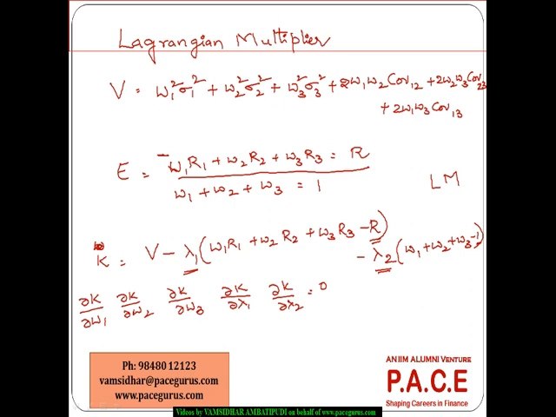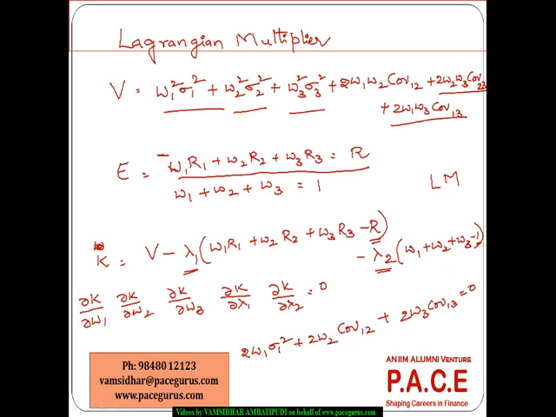So if I just see for W1, first I'll differentiate this with respect to W1, it comes out to 2W1 sigma 1 squared. With respect to W1, this is a constant, this is a constant, this is a constant, so I can ignore. So here this comes out to 2W2 covariance between 1, 2. And with respect to this, it comes out to 2W3 covariance between 1, 3.